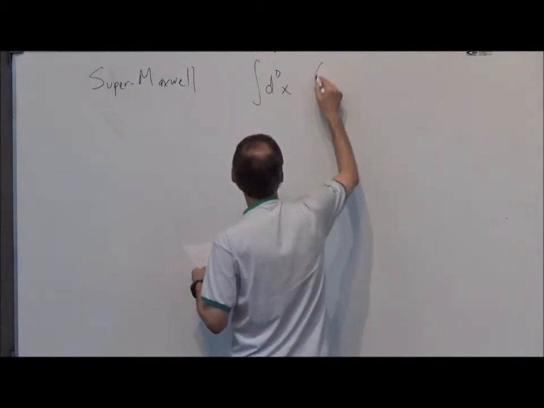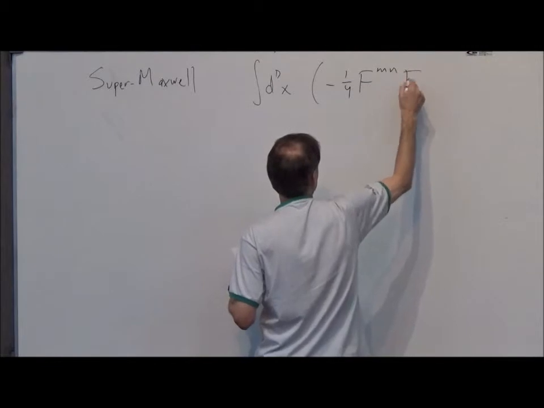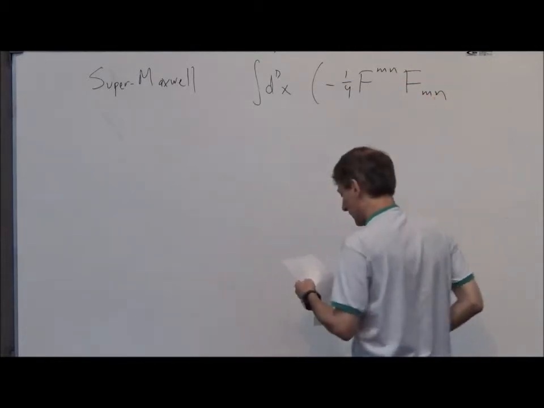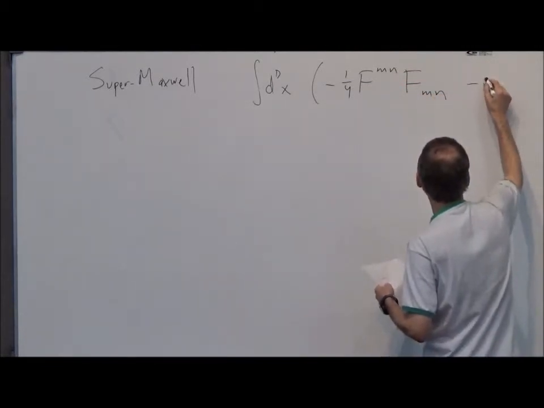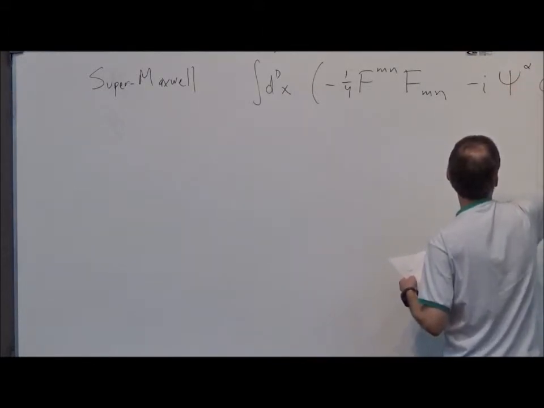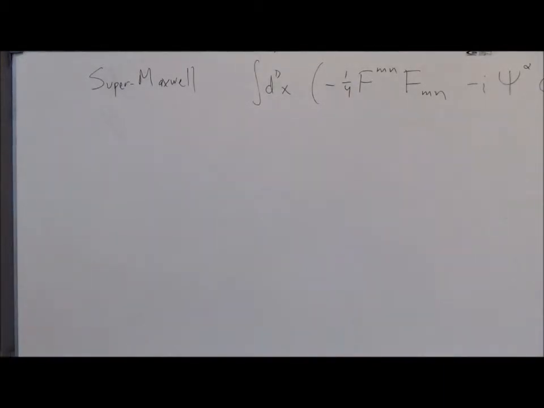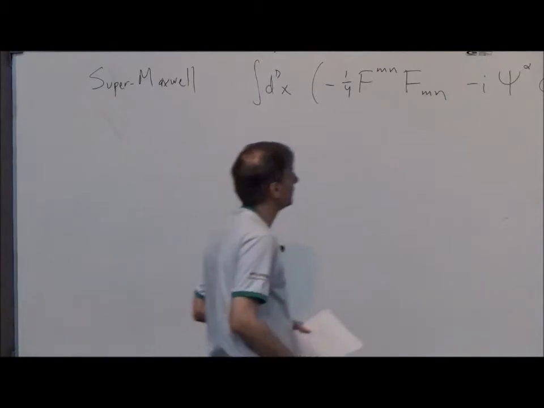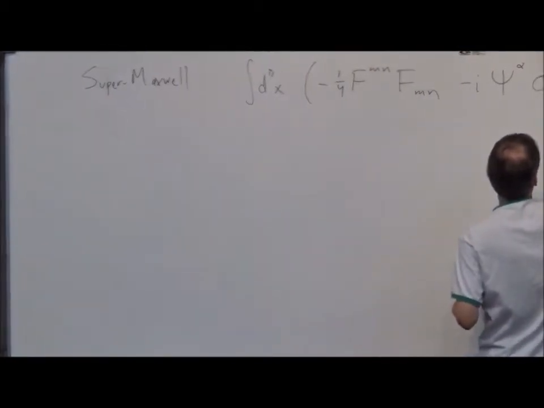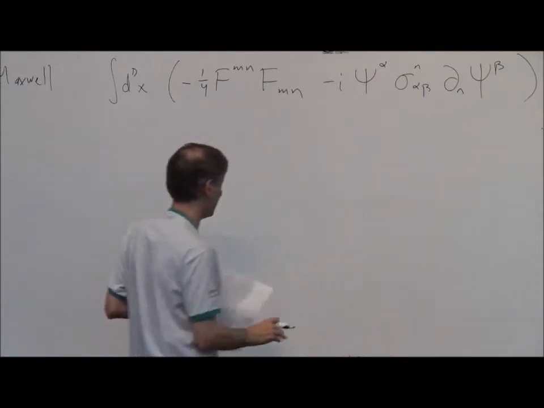Obviously Maxwell has the F squared term, and we're going to construct a fermionic term, which obviously has to be massless. This matrix is the same thing I was calling sigma m. So this is the action in any dimension.